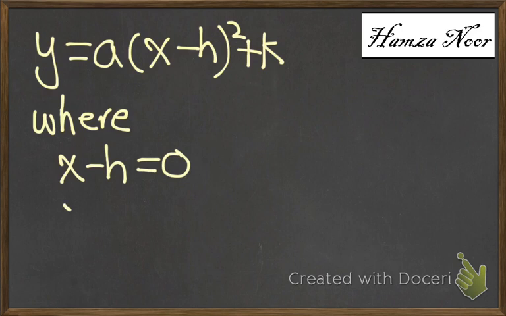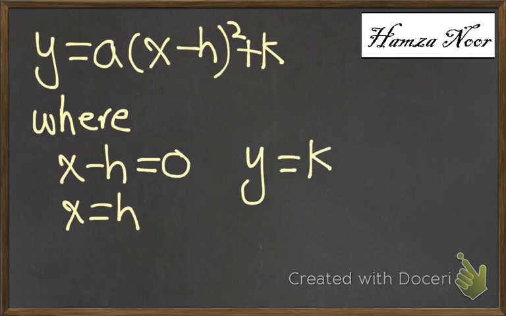So x is equal to h, and the remaining constant term is y is equal to k. So h comma k is the turning point of the graph. But the question is how to convert it. As I've told you earlier, we have two methods. The first method is a formula, so we will study that first.